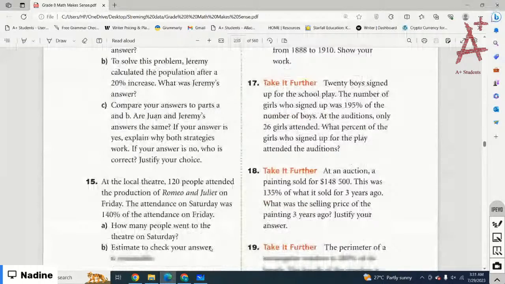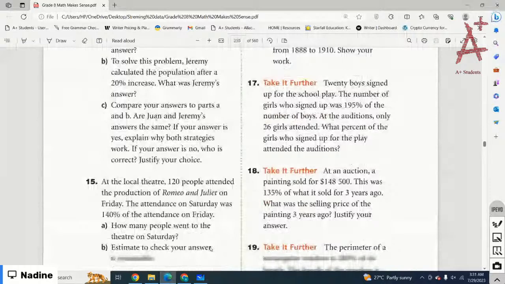Okay, at the local theatre, 120 people attended the production of Romeo and Juliet on Friday. The attendance on Saturday was 140% of the attendance on Friday.